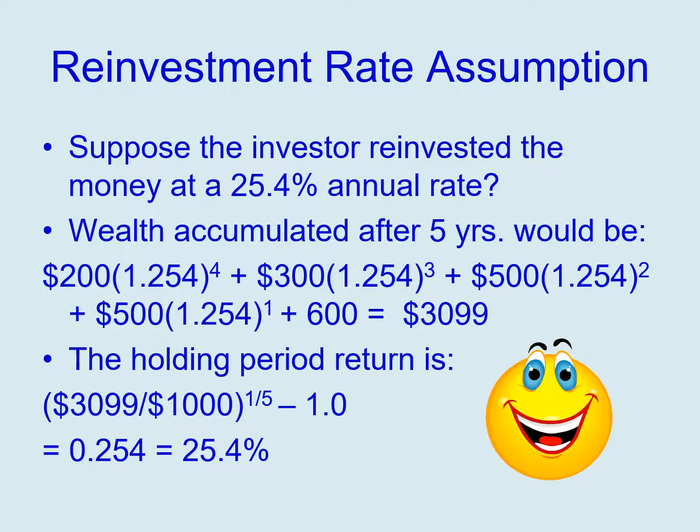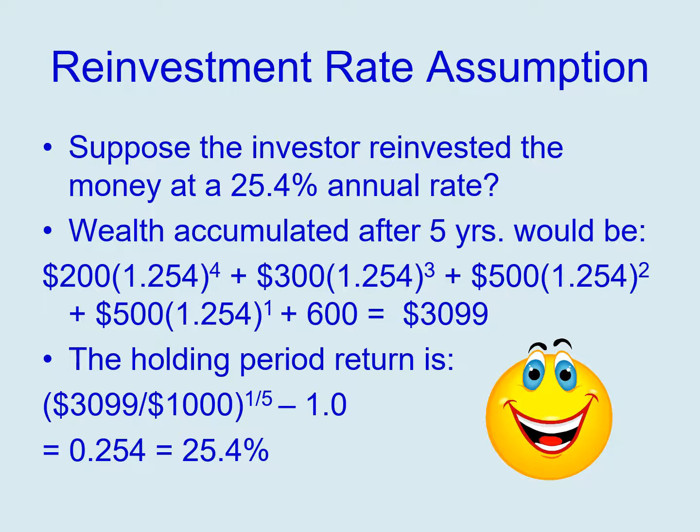Notice the $600 that you receive at the end of year 5, you don't get a chance to reinvest that money because the project ends at the end of year 5, and so that's why you just have the $600 there. So when you total the money received after reinvesting at 25.4%, now we end up with $3,099 rather than the $2,100 that we saw earlier.